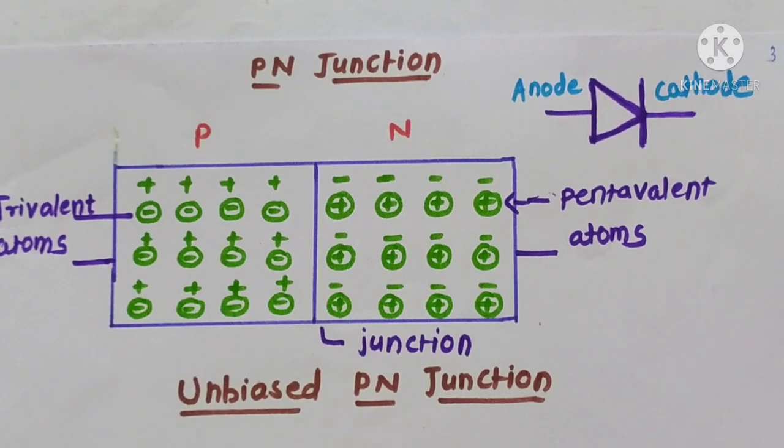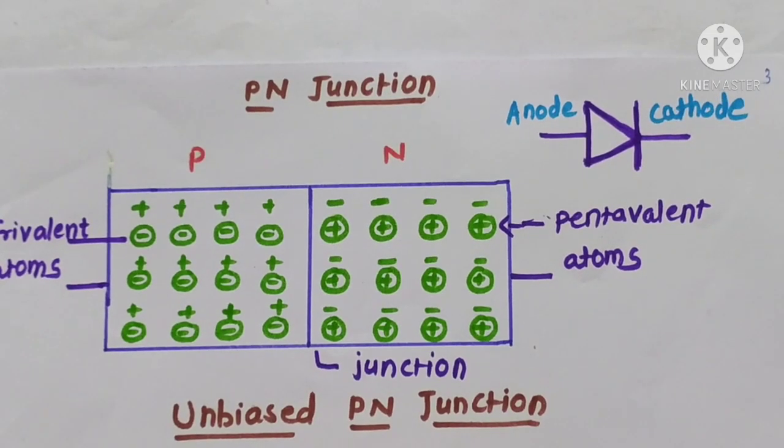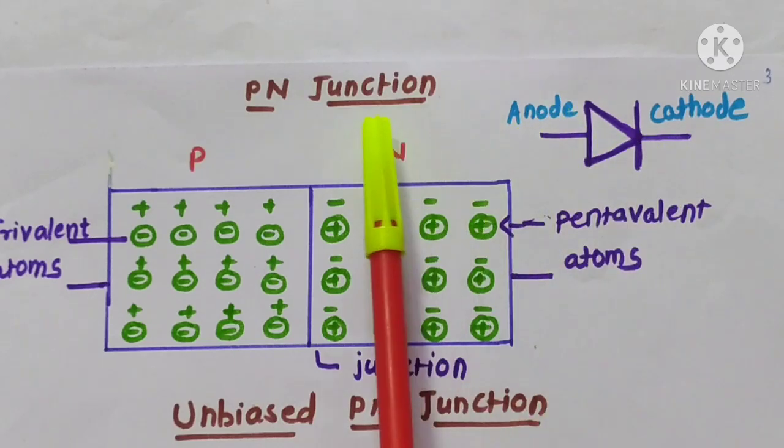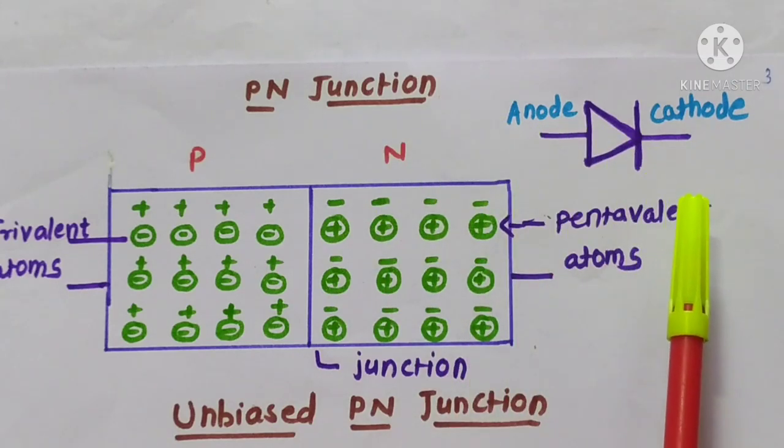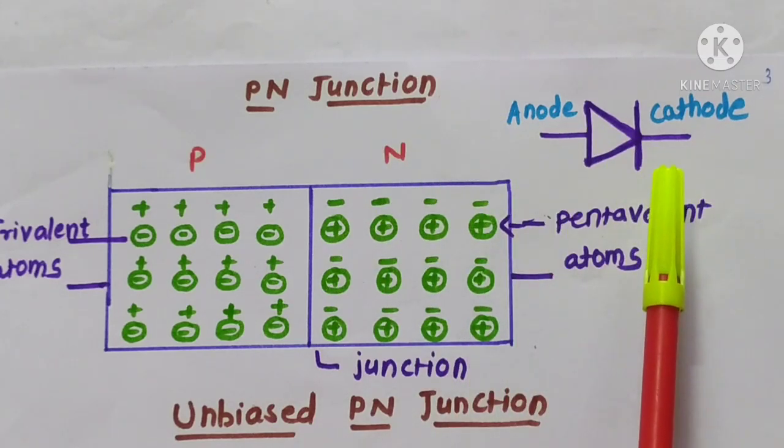Or we can say that if a pure semiconductor crystal, either silicon or germanium, is doped on one side with trivalent impurity and on the other side with pentavalent impurity, then there is a formation of a new device, and that new device is called a p-n junction diode. Okay, or we call it a p-n junction semiconductor.